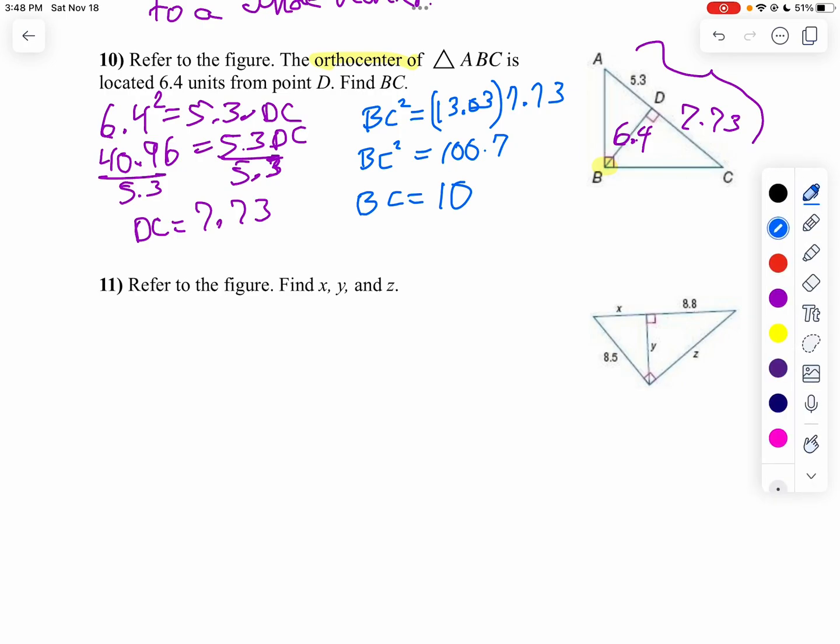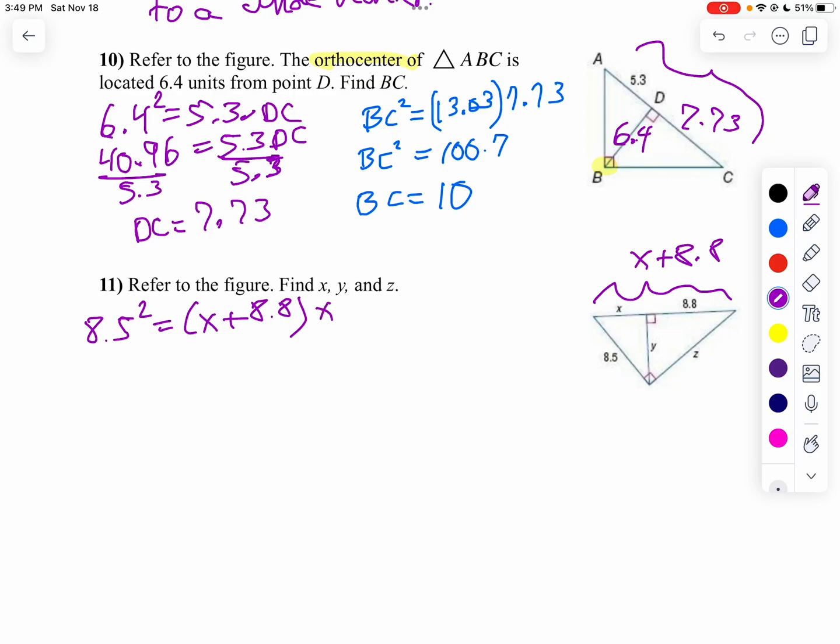Let's say we know the entire hypotenuse is going to be x plus 8.8. So I know 8.5 is the geometric mean, that's one's square, between my entire hypotenuse, x plus 8.8, and the part of the hypotenuse that's adjacent to 8.5 to the altitude, which is x.